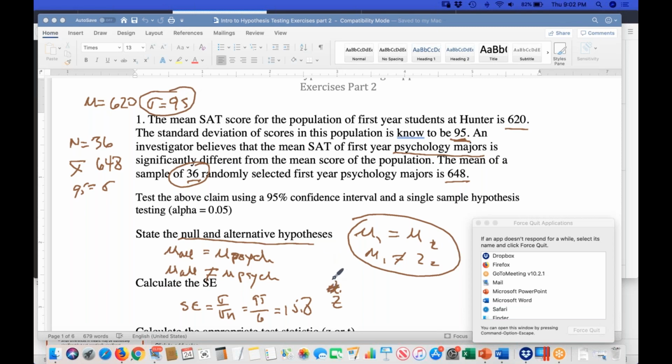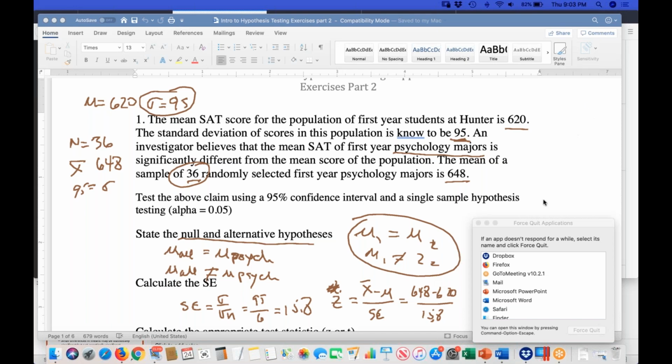If we know the standard deviation, we're assuming it's the same as the population standard deviation, so I'm going to use Z. Z is going to be equal to X bar minus mu over the standard error, which is 648 minus 620 over 15.8.